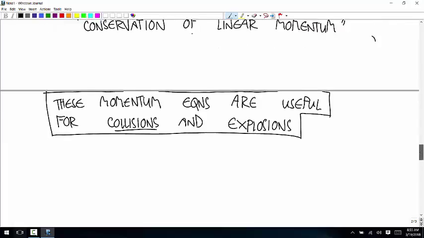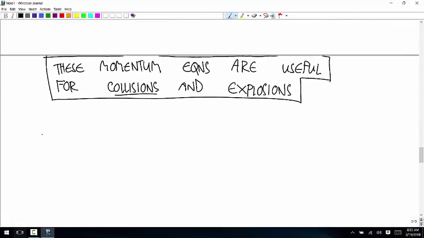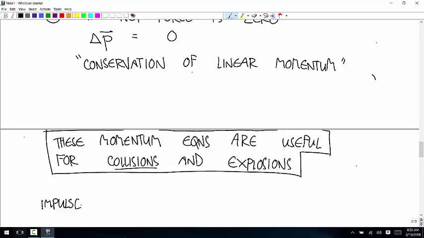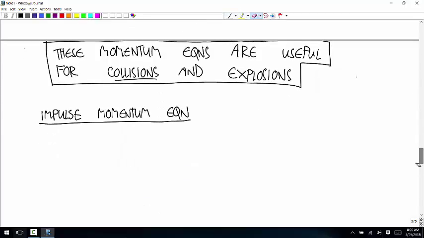All right, so I'm going to start with the impulse momentum equation. We're not going to use this one too much, but I need to show you how it works.